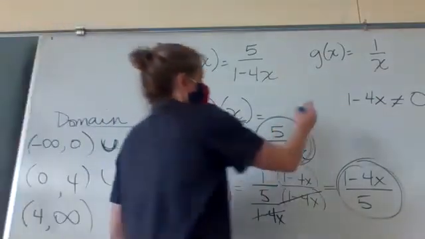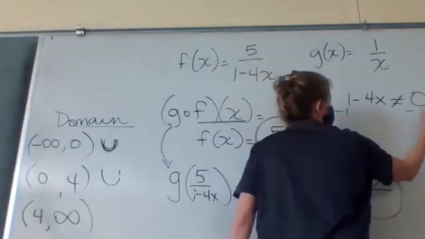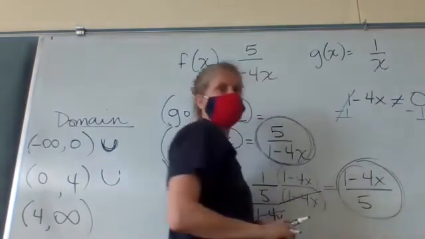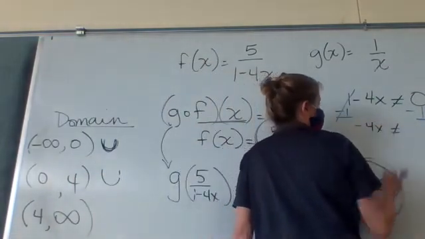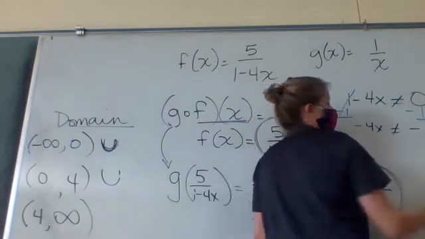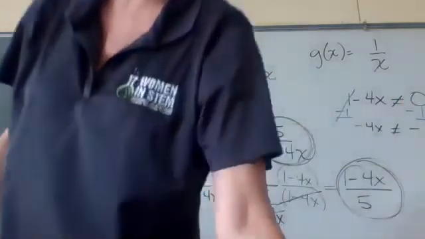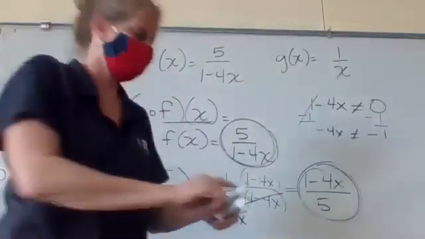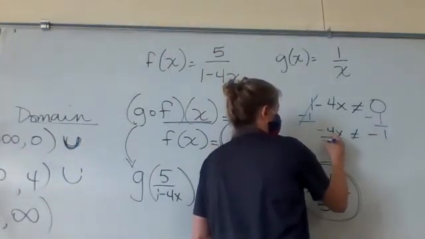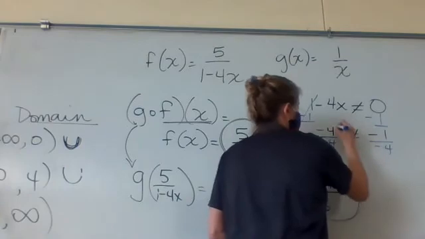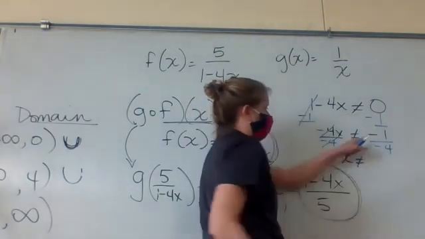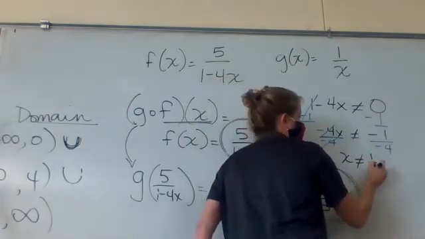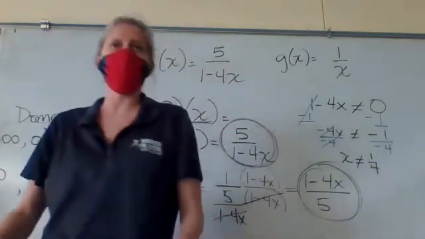Solve it for x. So subtract the 1 off both sides. So negative 4x can't equal 0 minus 1 is negative 1. Divide both sides by negative 4. So now I see x cannot equal, that negative over a negative turns it to positive 1/4.